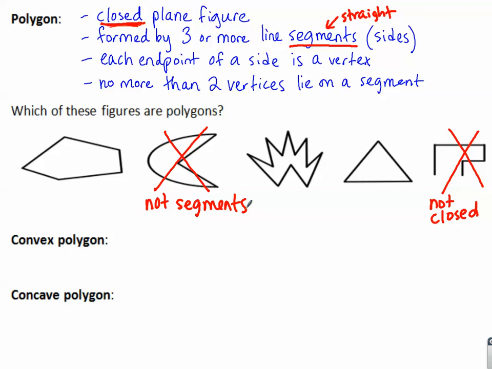What else? Each endpoint of a side is a vertex. That's just what it's called. So here's a side. It has a vertex right here. No more than 2 vertices lie on a segment. Here's a segment, 2 vertices. Here's a segment, 2 vertices. What we might be looking for in that last example is something like this.